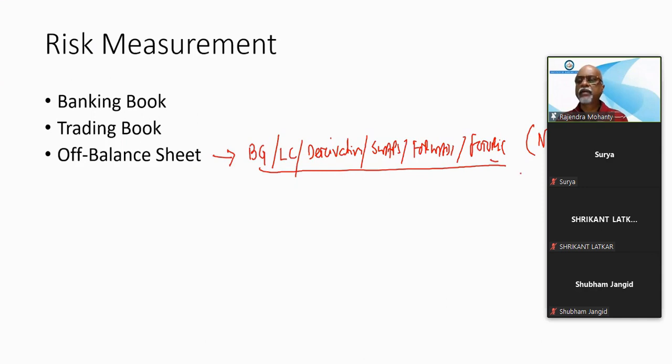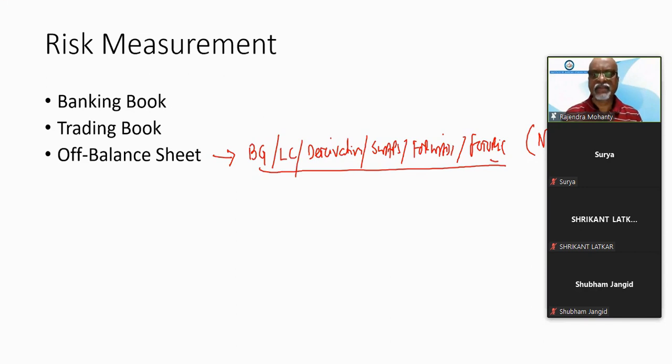Non-funded means right now they have not affected our balance sheet, but they may become a funded one when the counterparty does not fulfill its commitment. At that time, the bank may create a loan or investment on behalf of those entries, and it will become a funded one.